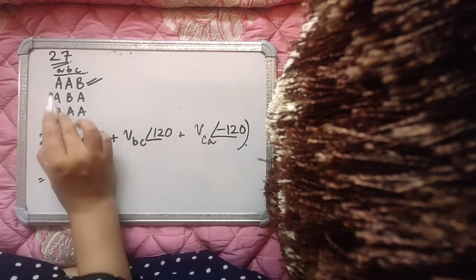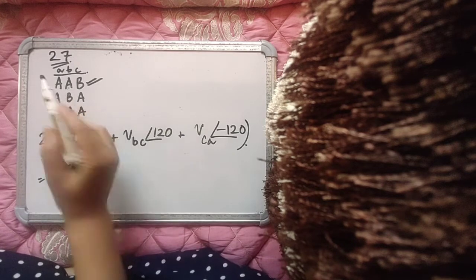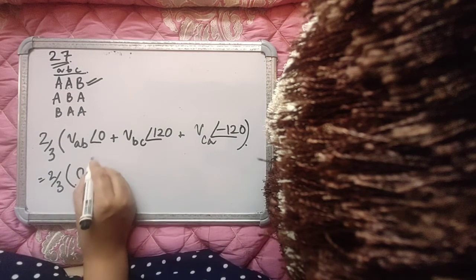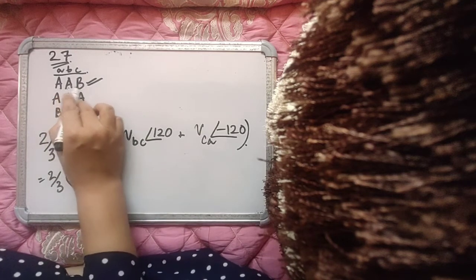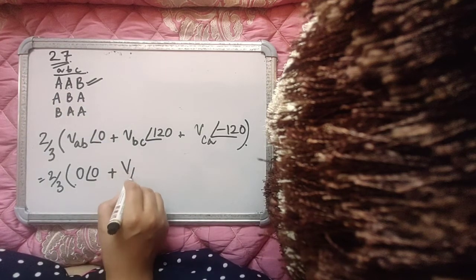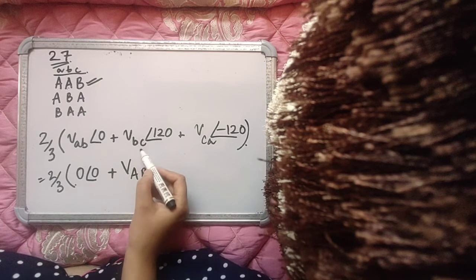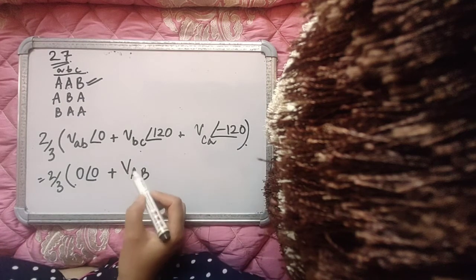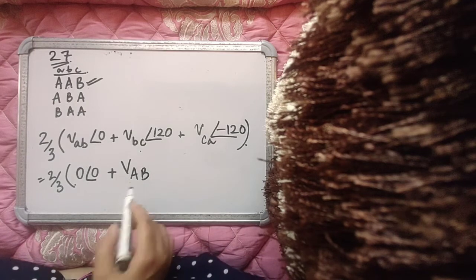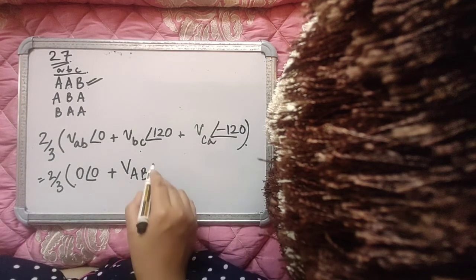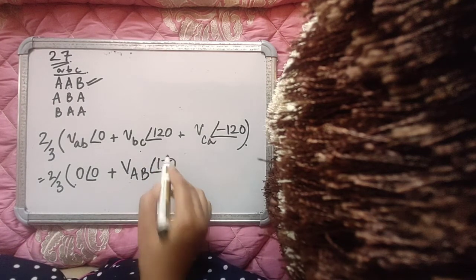The space vector is: VAB is 0 because A minus A is simply 0, at an angle of 0, whatever it is, completely 0. VBC is actually the input line voltage VAB. The output line voltage VBC at this time, when you switch the state, will be equal to the input line voltage VAB at an angle of 120 degrees, right?